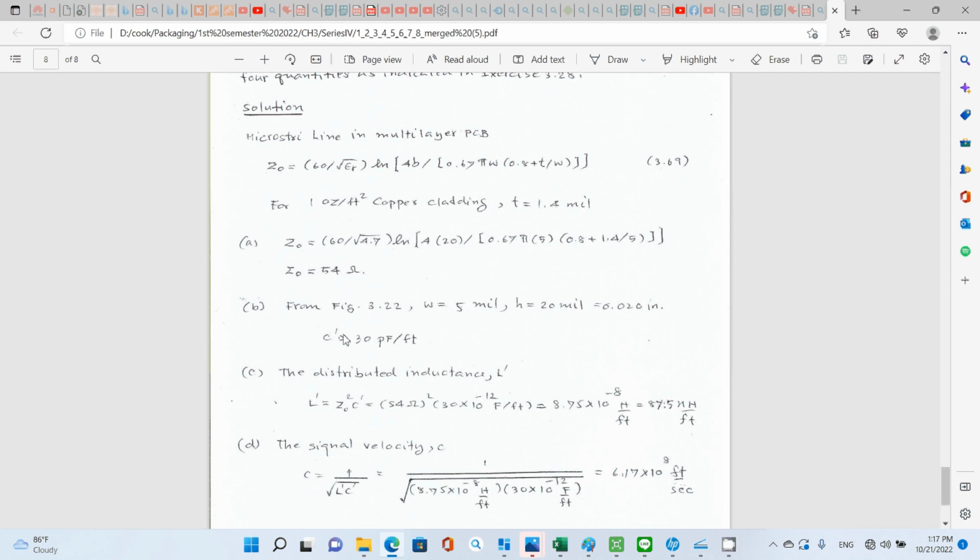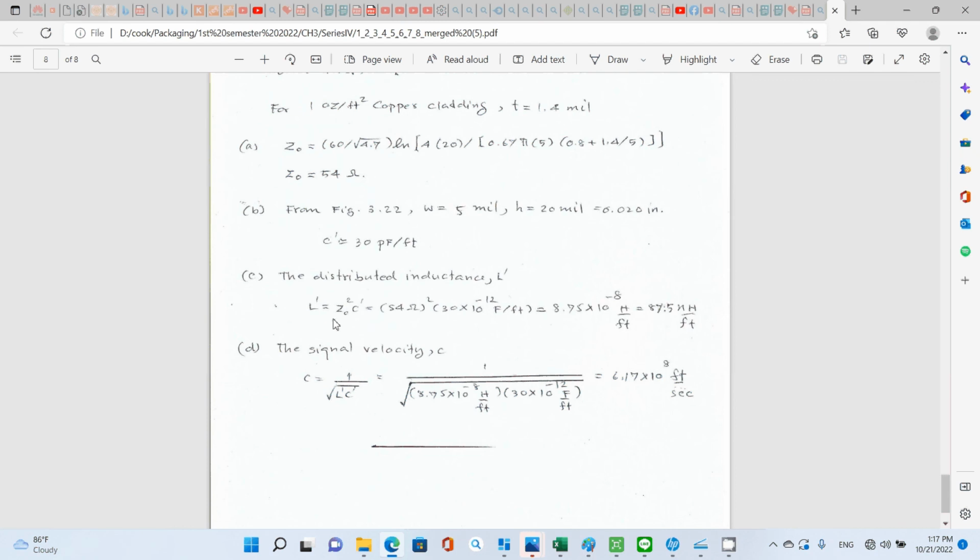And C prime, you do the same thing. Go to figure 3.22 with W 5 mil, H equal to 20 mil, 0.020. I have C prime about 30 picofarad per feet. And for distributed inductance, just plug in Z0 and C prime.